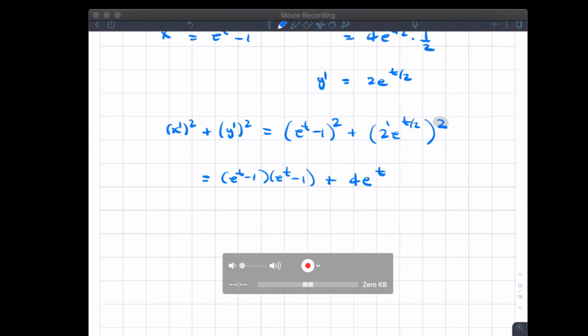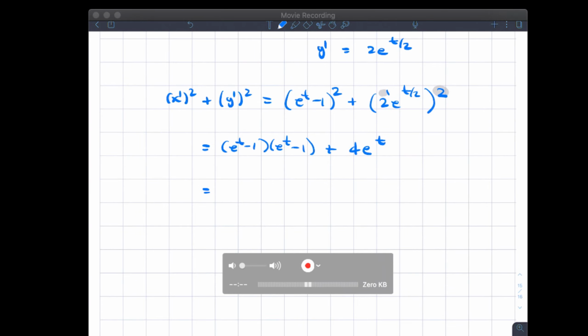Go back to beginning algebra, right? And by FOIL, ladies and gentlemen, we're going to FOIL here. e to the 2t minus 2e to the t plus 1 plus 4e to the t.